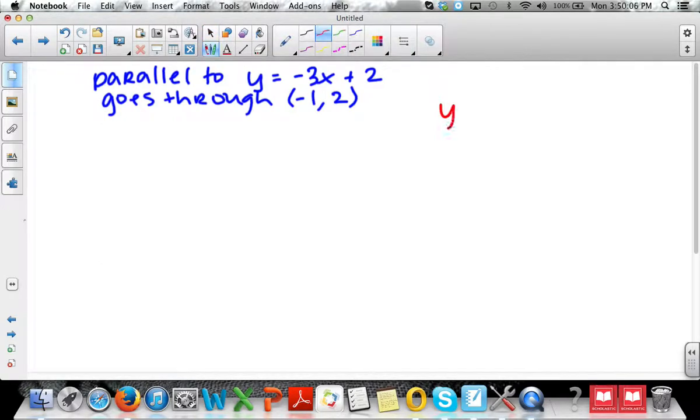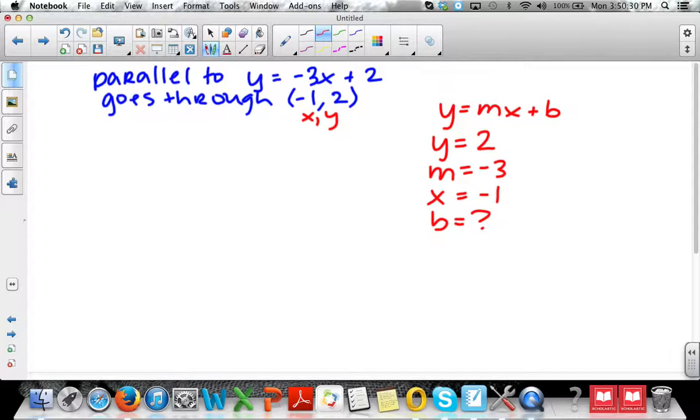Well, first I want to write y equals mx plus b. That's what I'm plugging everything into. So y is going to be 2, because x comma y in my coordinate, y is 2. M has to match m of my equation, so negative 3. X is also from my coordinate, negative 1. And b is still what I don't know.